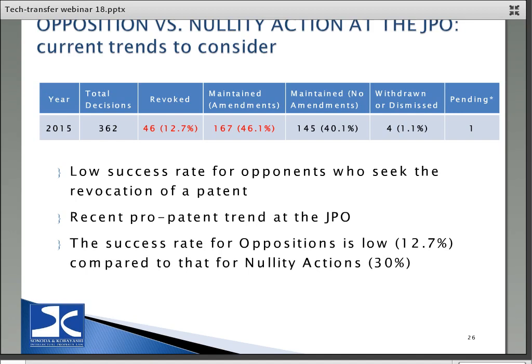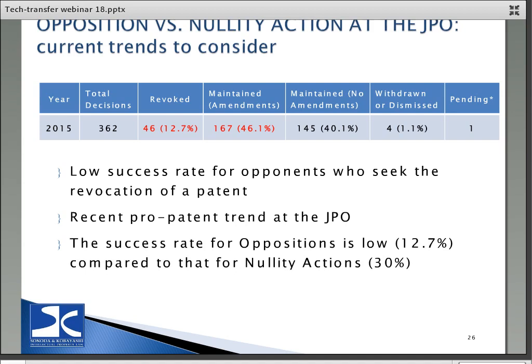Therefore, almost all of them have been decided. And the conclusion is that 46 patents were revoked, which means 12.7% were revoked, whereas 167 patents were maintained and 4 requests for opposition were withdrawn and 1 is still pending.